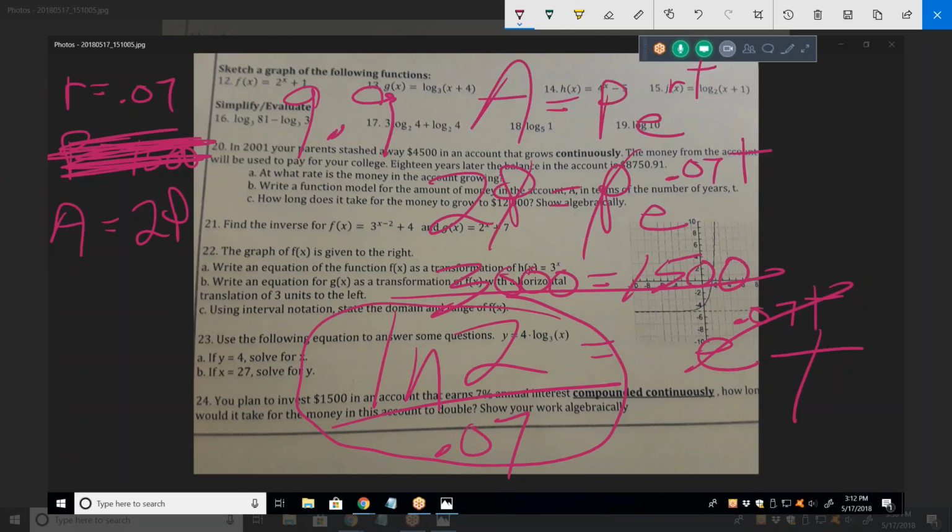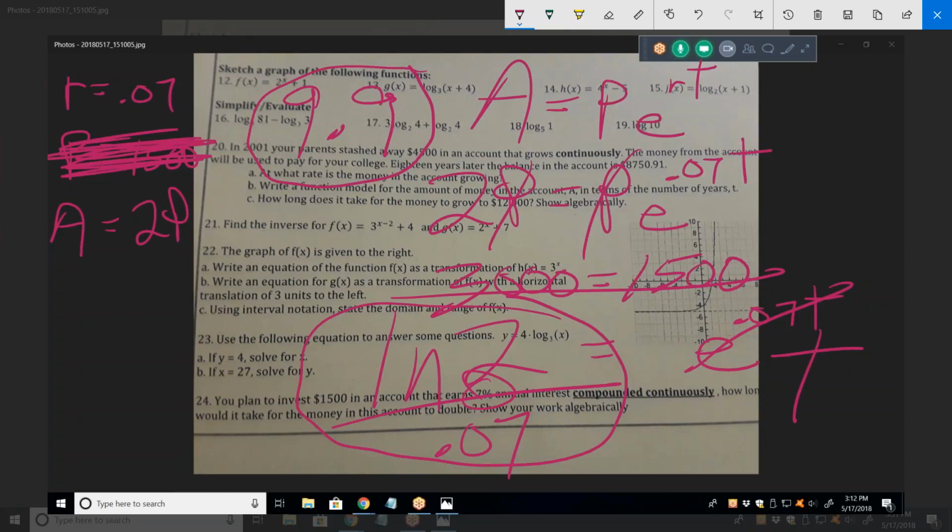You would think it would take 15, right? But because it's compounded continuously, it takes less than 10 years, even though you're only getting 7% a year. You would think 7% times 10 years is 70%. You wouldn't double. But the continuous compounding is what causes it to double.